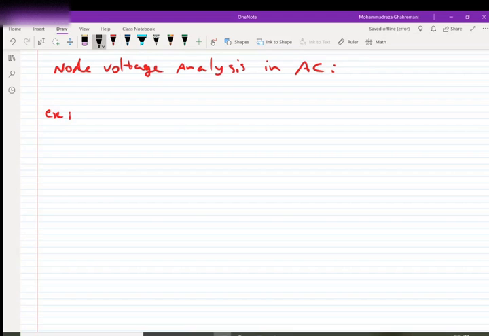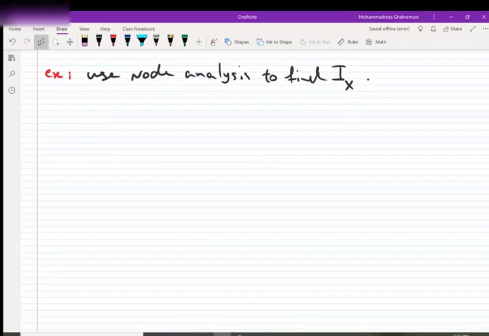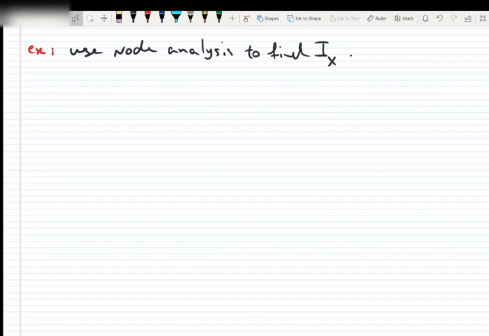The first example is to use node analysis to find Ix. Of course, we all know how to analyze DC circuits by node analysis, and today we will start analyzing AC circuits.